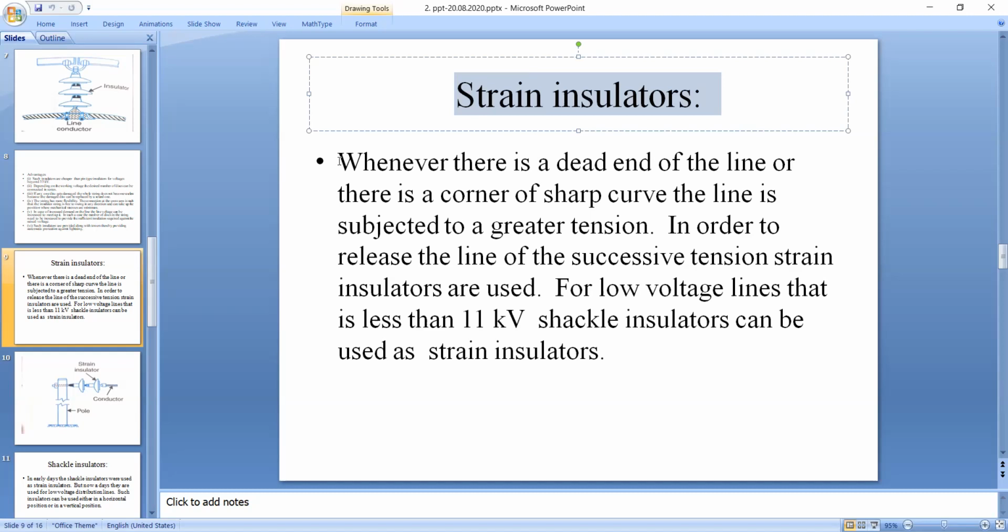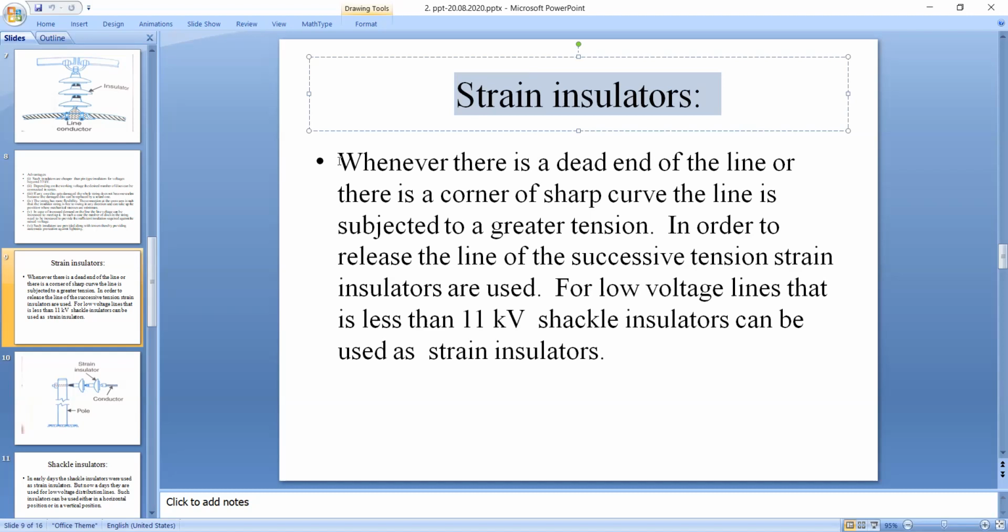For low voltage lines that is less than 11 kV, shackle insulators can be used as strain insulators. So suppose you have a conductor line going from one tower to another tower, and suddenly there is a dead end of the line unexpectedly, or the line has taken a sharp curve.